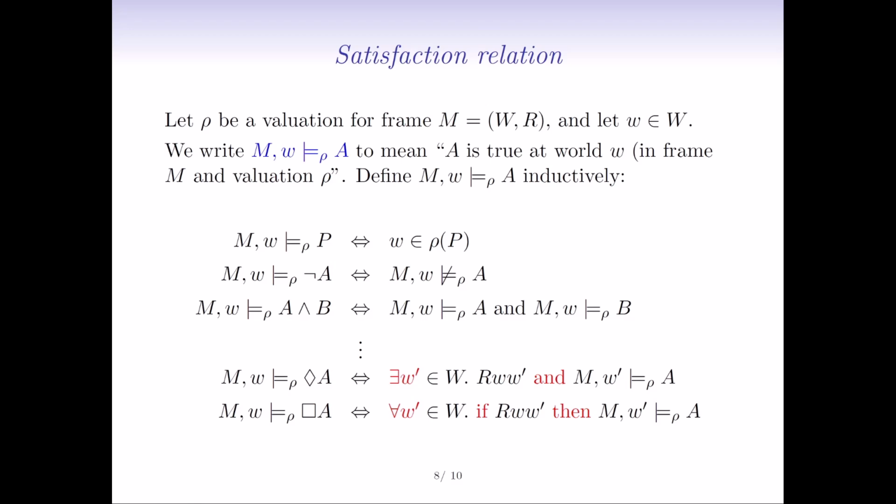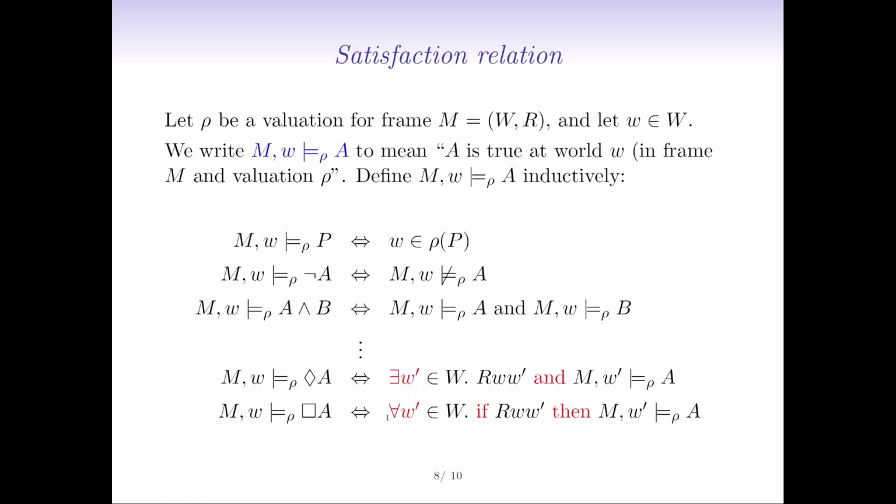You can also say that in fact it's an equivalence that box A is the same as not diamond not A. So it's also to say that there's no world that is reachable from the current one where A is false. But here's the direct interpretation.